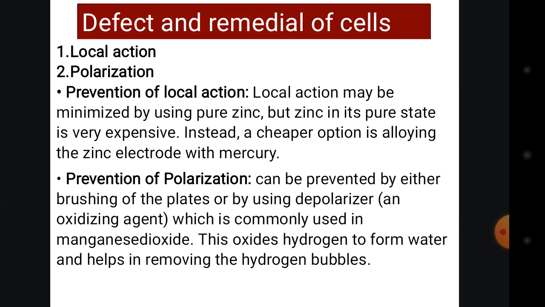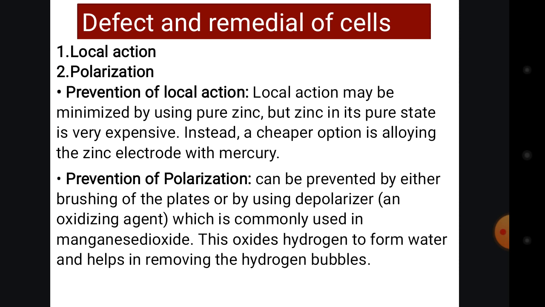Here we are going to talk about the defects and the remedial of those cells that we have finished talking about. When we say defect, we are trying to say a fault or a problem with those cells. The only defects or faults of those cells are two: the local action and the polarization.